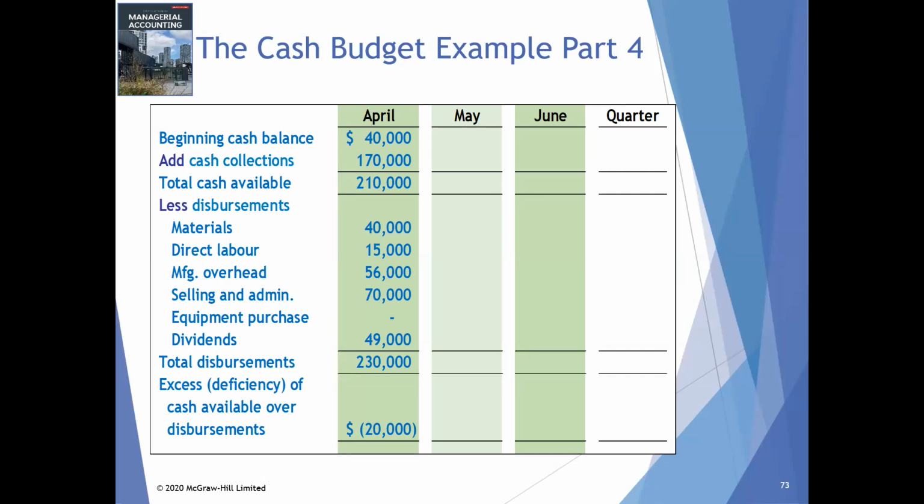So we have $20,000 because this is the shortage amount, and we need to calculate accordingly for how many days or how many months we use that amount. Okay, so let's have a look.